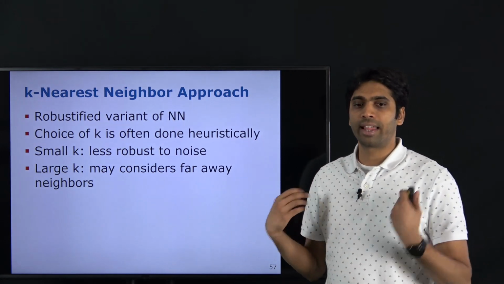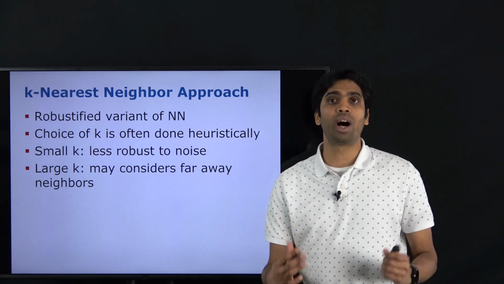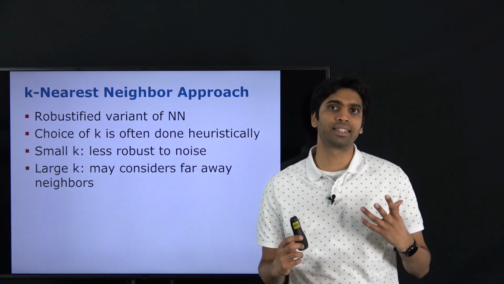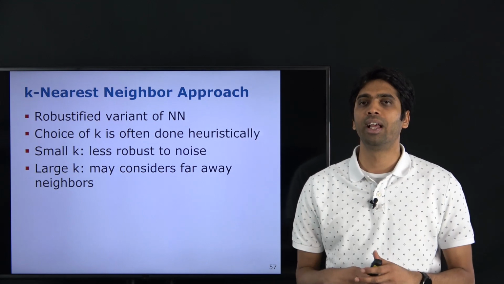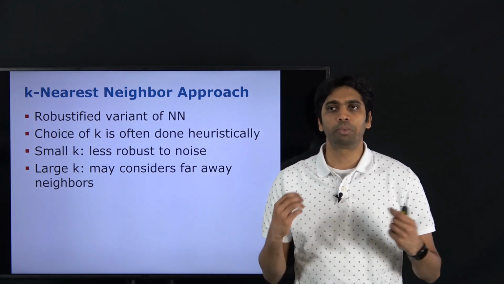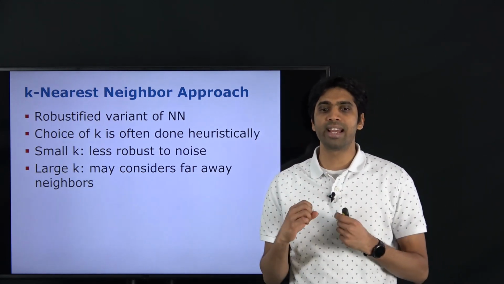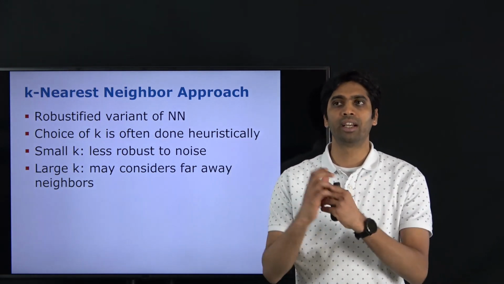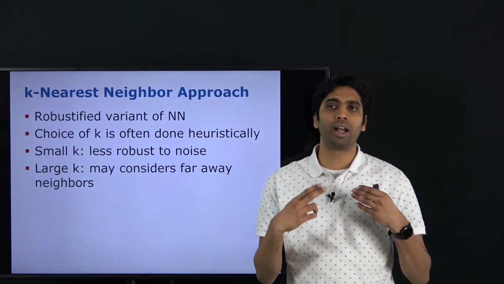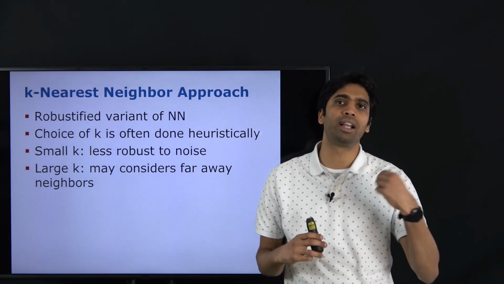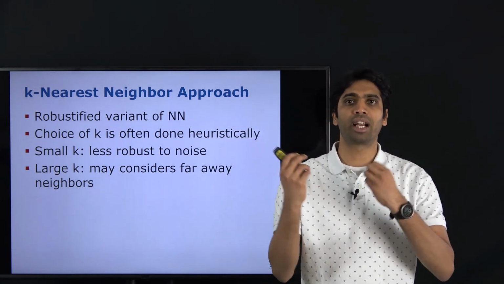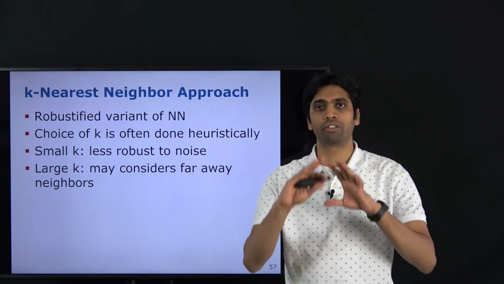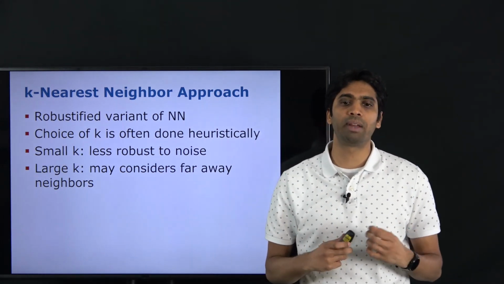Of course, the question then comes: now I need to choose K. Before, with just the nearest neighbor, you always looked up the nearest example, but now we need to choose K. Roughly speaking, the smaller the K is, the less robust it is to noise. If we take just 2 instead of, let's say, 5, we are a little more robust to noise, but if there are a few noisy points lying in the region of another class, we would still make mistakes.